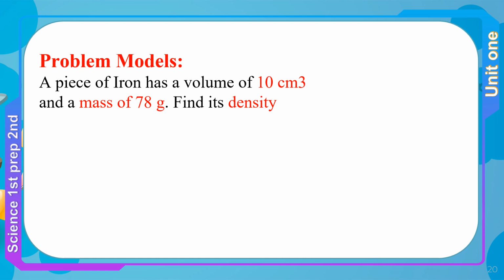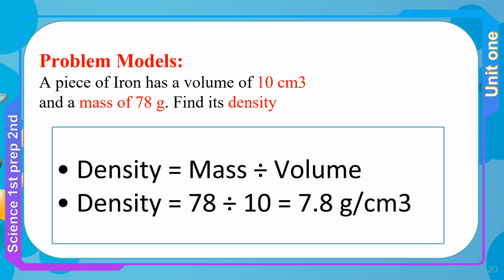Density equals mass divided by volume, so density equals 78 divided by 10, which equals 7.8 gram per cubic centimeter. This is the unit of density.